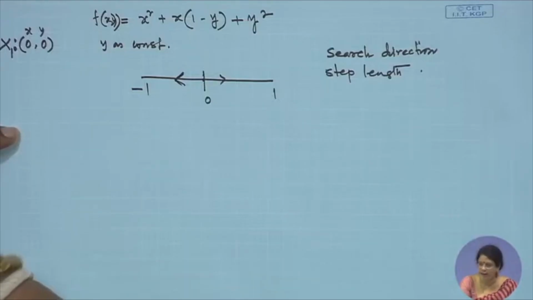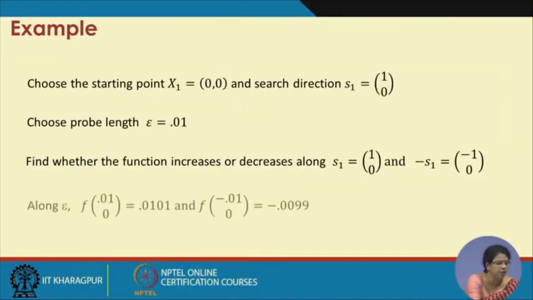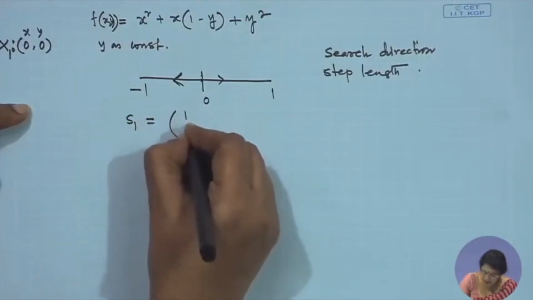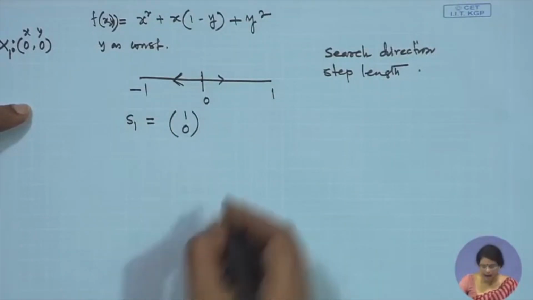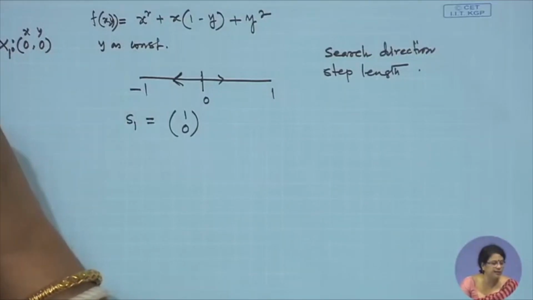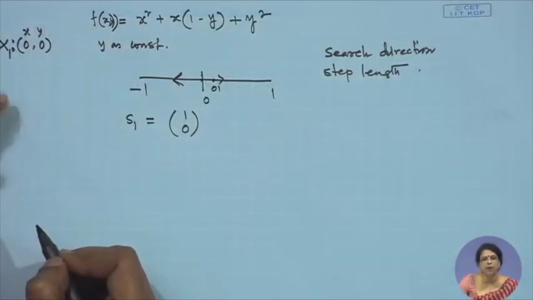and let me consider a step length of 0.01. If we do that, the functional value at f(0.01, 0), where my search direction was 1 0 and my step length, epsilon, is taken as 0.01, means I am moving from here to 0.01 only, keeping y constant at 0.